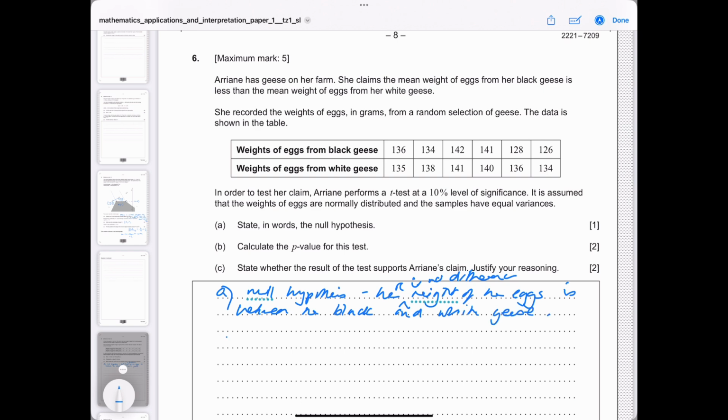Now to calculate the p-value for the test, use the GDC, put the values in, select pooled variance, then press calculate, and this will give you a p-value of 0.177, which means the chances of this occurring are 17.7%.